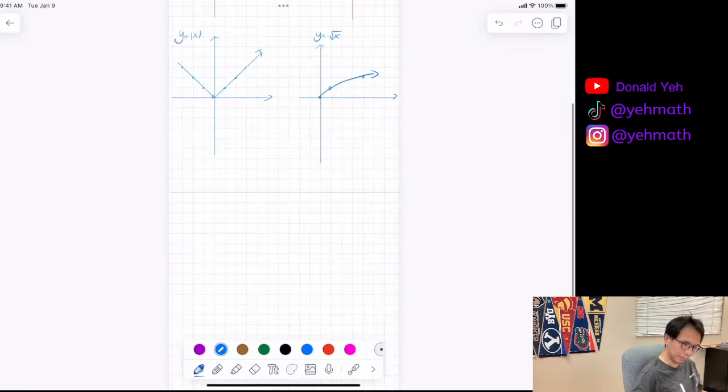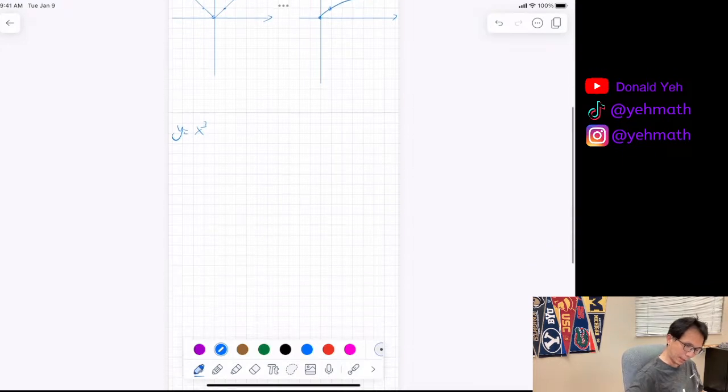X cubed looks something like a waterfall. Some people call it a squeaky line. Whatever you want to call it, you should know these 8 coordinates.